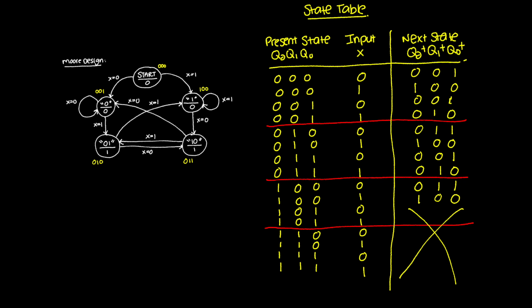If I look at the state transition diagram, what I'm looking at now are the transitions, right? Remember that the control logic is there to get the correct transition from present state to next state. And my transitions are conditional on X. So what is my next state? If I'm in, for example, the start state, whether I'm going here or here is conditional on, first of all, what state I'm in, and also what my inputs are.